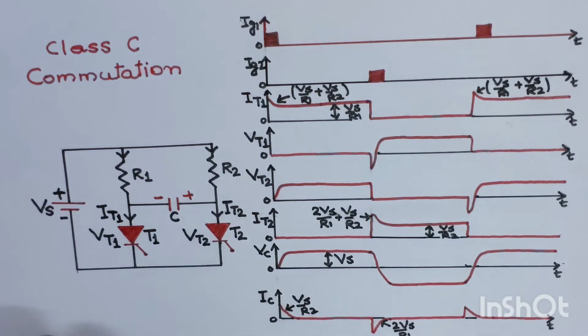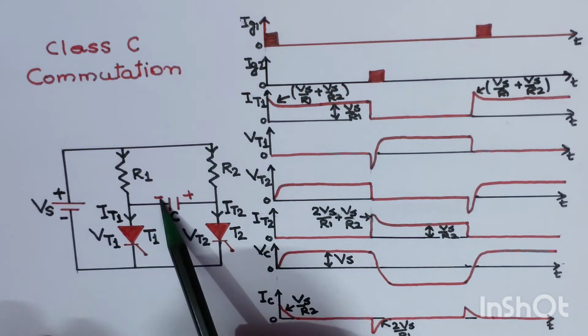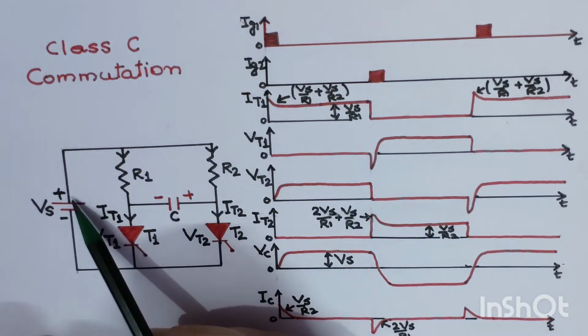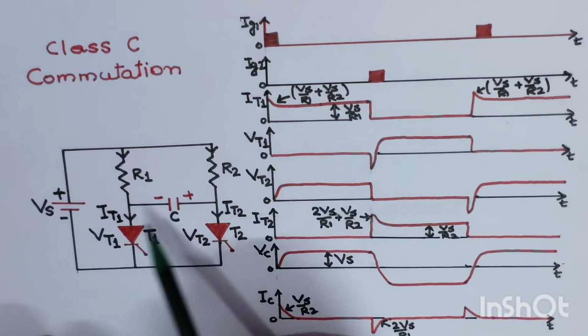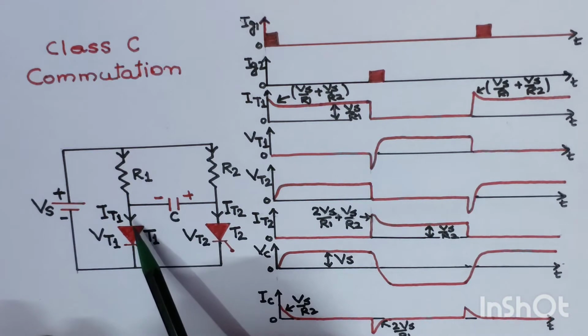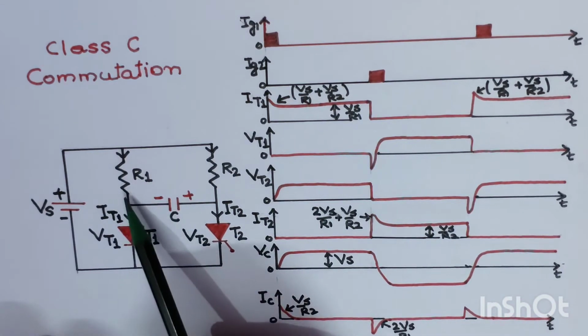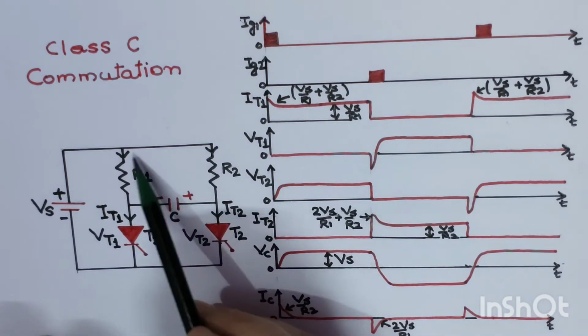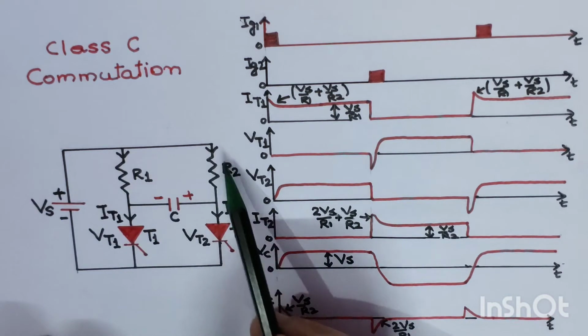back to the negative. Now we have to see here that initially this has a positive and this has negative polarity. So the current which will be flowing through resistance R1 will be twice the voltage, that is this Vs plus the capacitor which is already charged here across the C. So it means the current flowing through this R1 loop will be 2 Vs upon R1, and through resistance R2 current will be flowing only Vs upon R2.